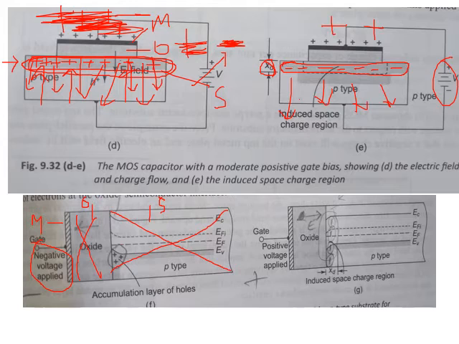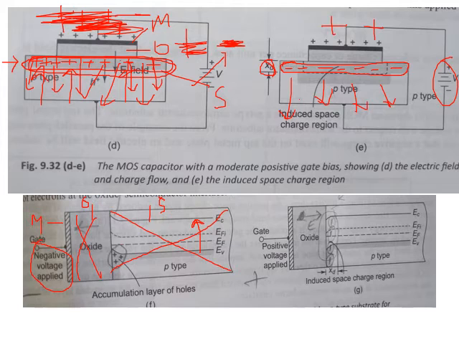You can see whether the hole will be present in the conduction band or valence band. From the valence band, what can go to the conduction band, hole or electron?